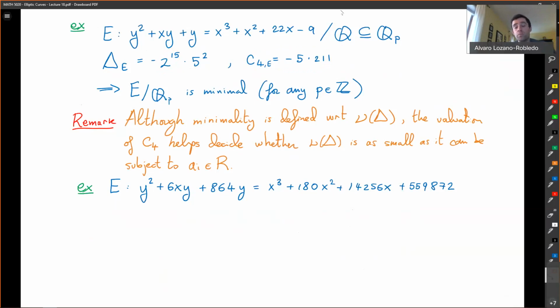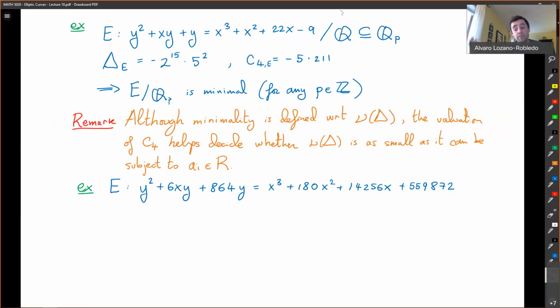Any such change would bring c4 into or out of the ring of integers. So what that says is that any further change of variables would spoil the coefficients, and the coefficients would not be in the ring of integers anymore. Okay, so that's a remark that came up in a question after I stopped the video last time: minimality is defined with respect to delta.